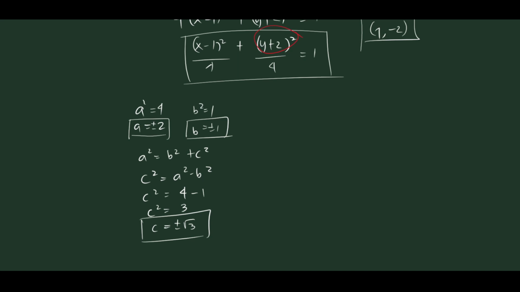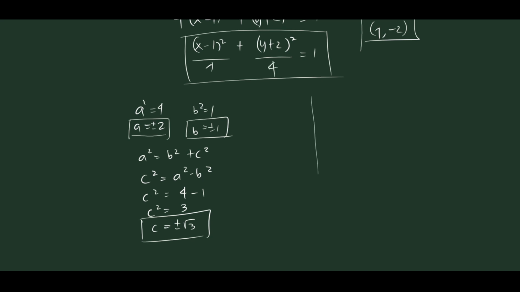We also need to take into account the form of our ellipse. The denominator of the y plus 2 squared is greater than the denominator of x minus 1 squared.